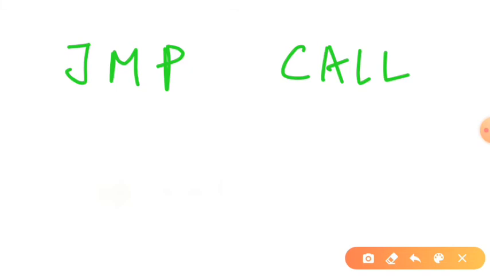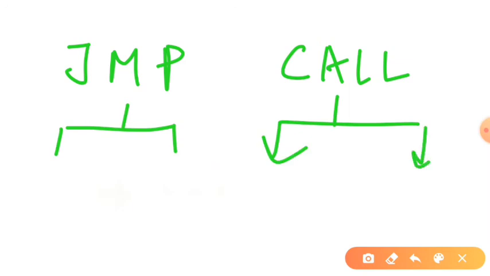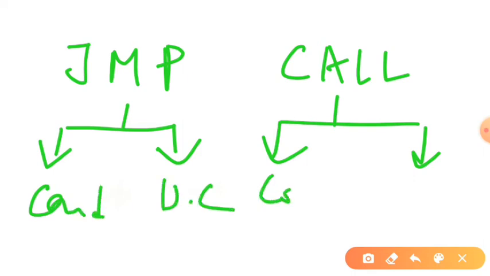However, these two types of instructions have a difference, which we will understand later. Both types can be further classified into two groups: conditional and unconditional.